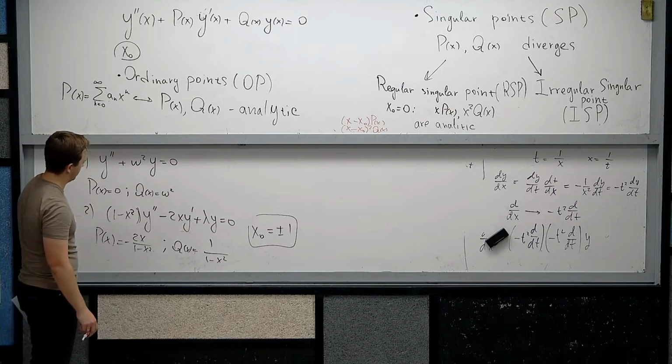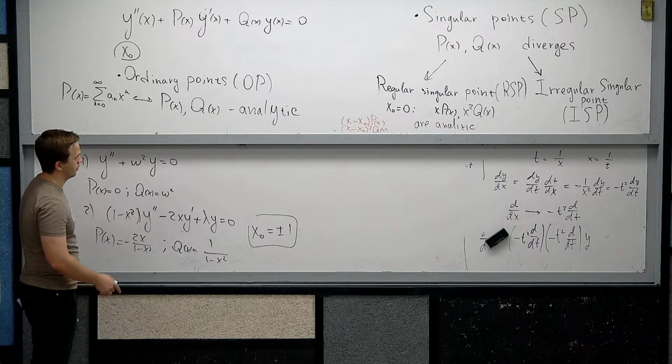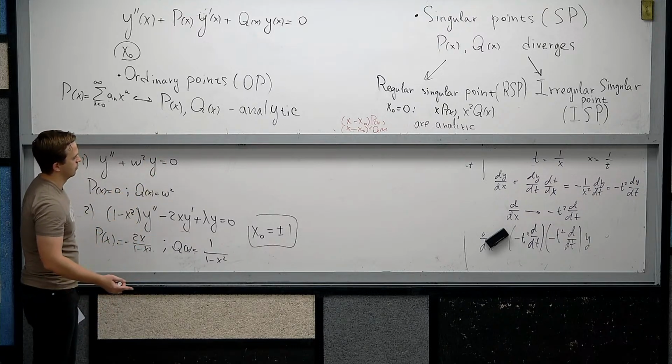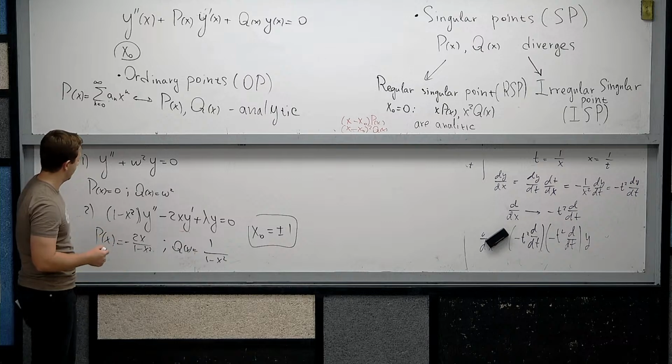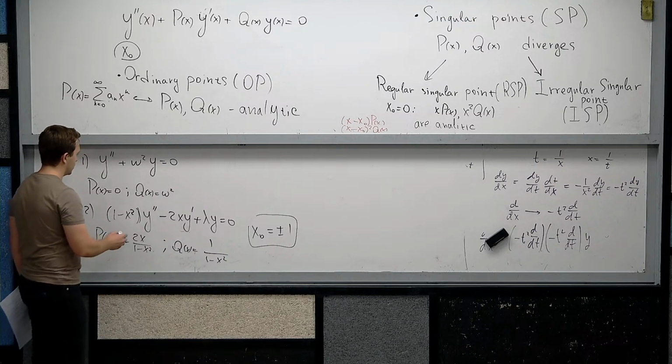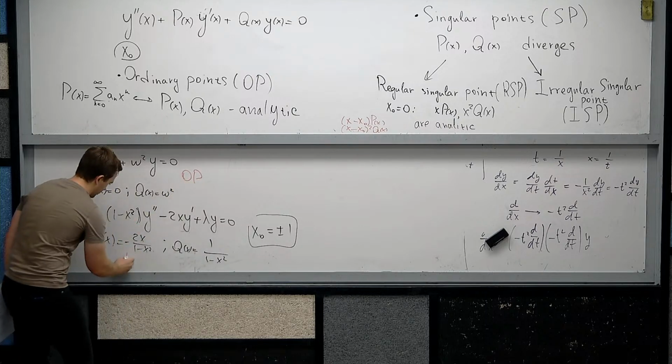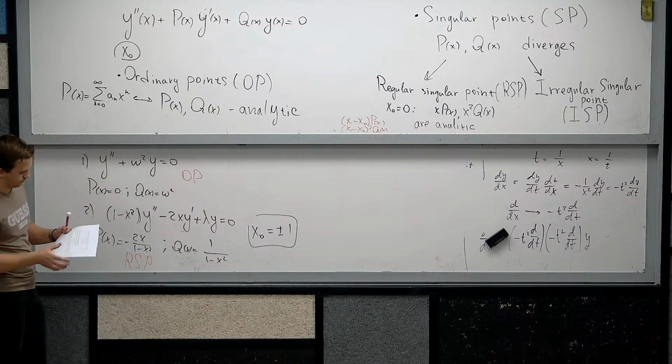So it will not diverge if we multiply those two by x plus 1 or x minus 1. Okay, so that's a regular singular point. Good.